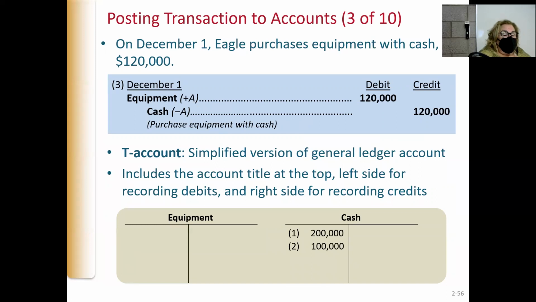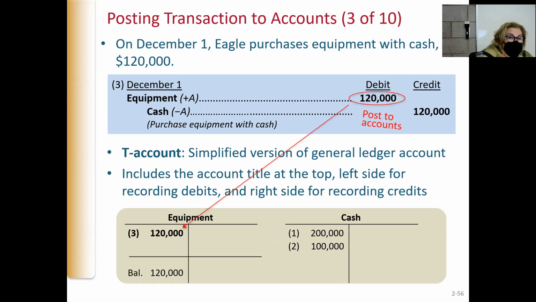Now, on December 1st, when Eagle purchases equipment with cash of 120,000, remember our equipment increases, but it's still an asset, and our cash decreases. Do you see?